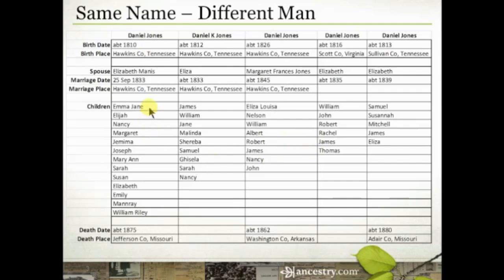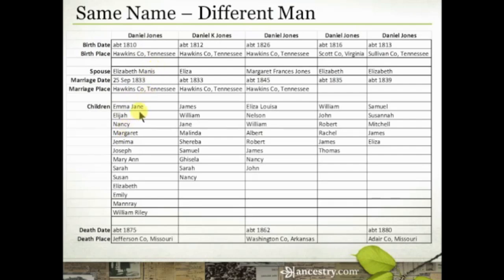So I have gone through, and over time I have added information about the children in each of these families, and that was what finally enabled me to look at this information and know that I did in fact have 5 different Daniel Joneses, that these were not 2 or 3 men who had been confused or mixed up, that these were unique individuals, and that I was able to make sure that they were married to the right people.